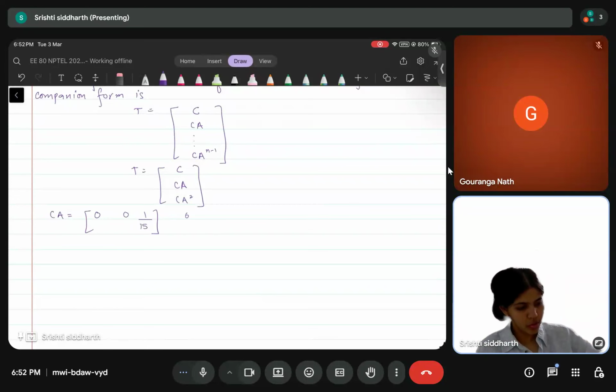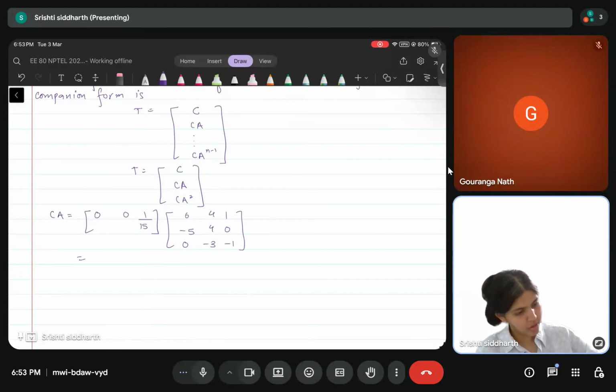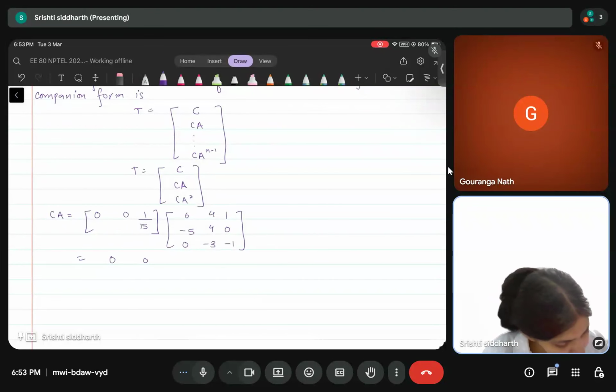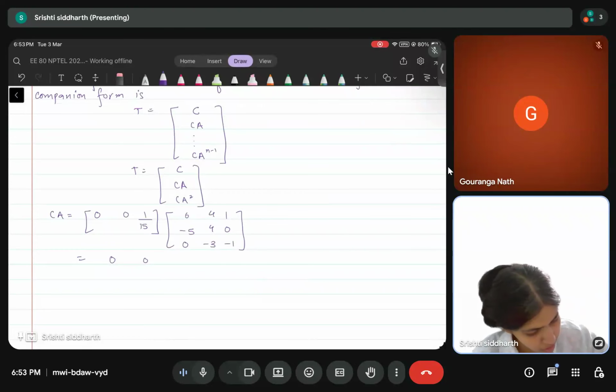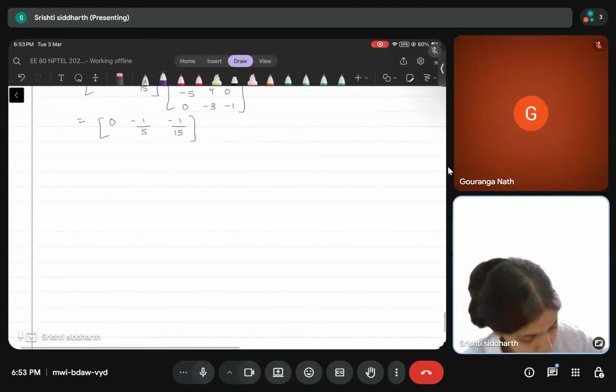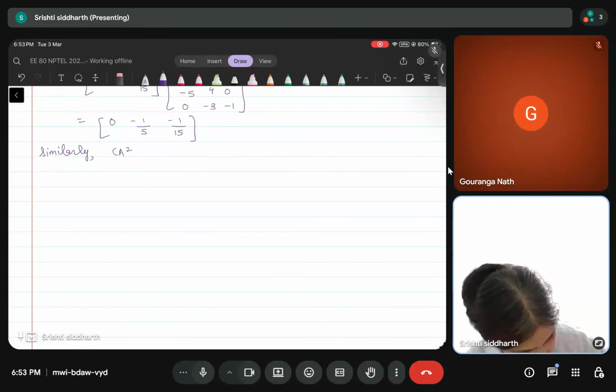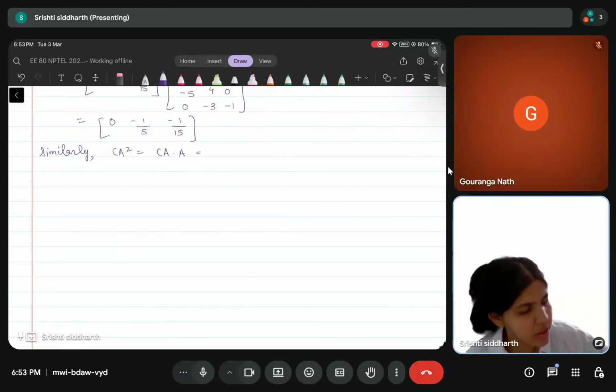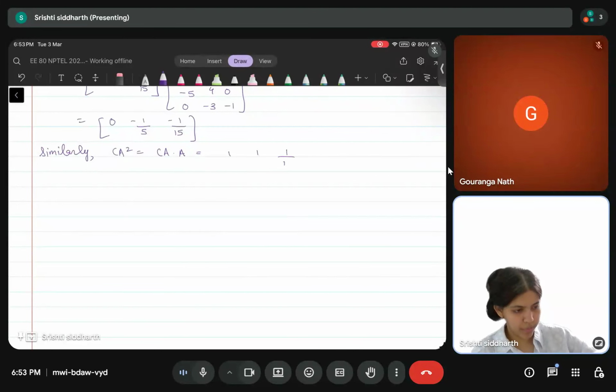Then you can get CA square as well. This is 1 and 1 over 50.